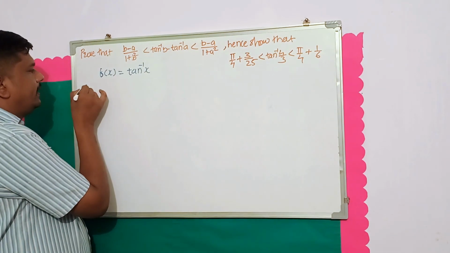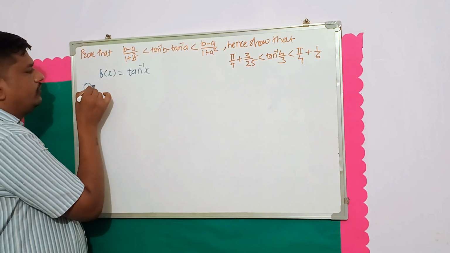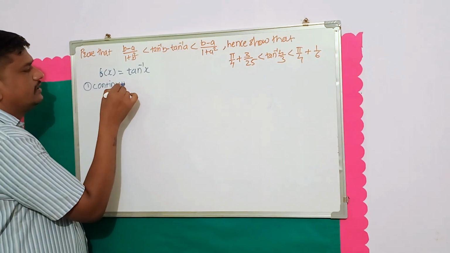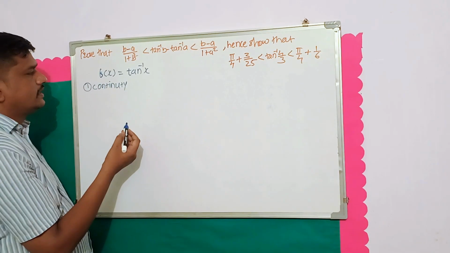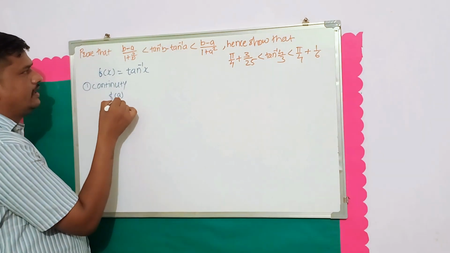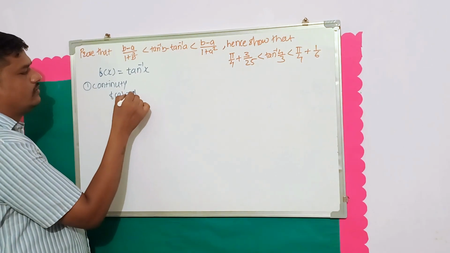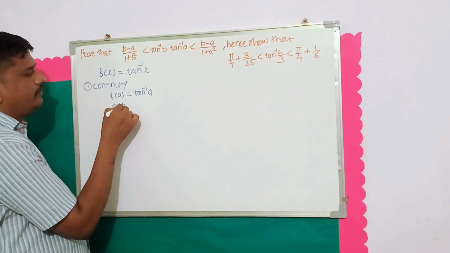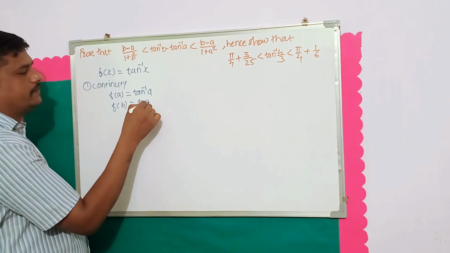To apply it, first we will check the continuity of this function f of x. To check the continuity, f of a is equal to tan inverse of a, and f of b is tan inverse of b.